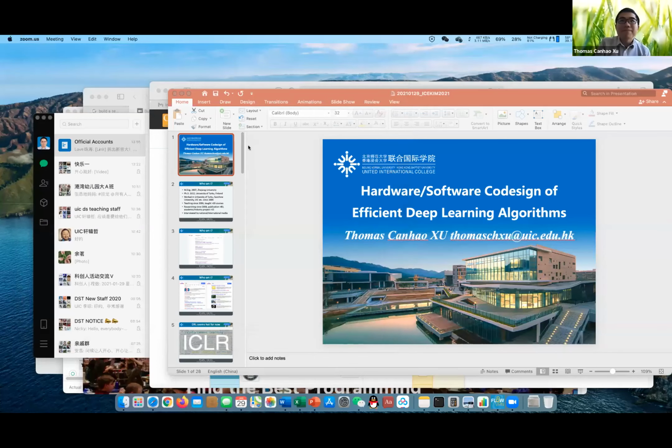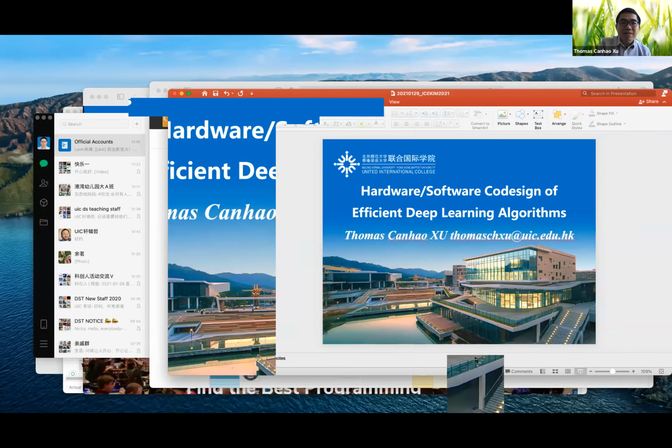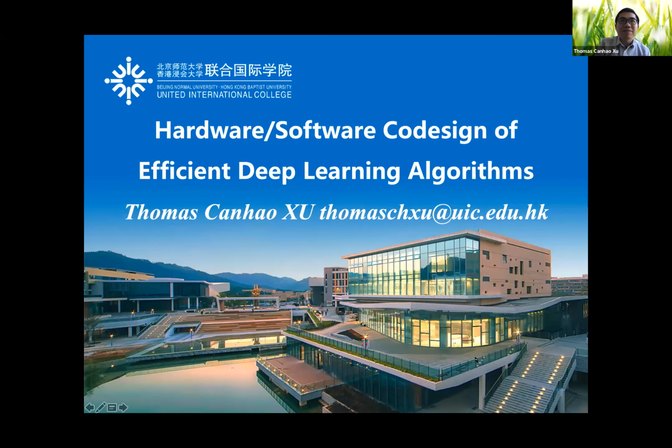No, it's from desktop 1, I think. Okay, I can see your screen now. You can see my screen, can you? Yes. It is in full screen now. Okay, that's good. Thank you very much.